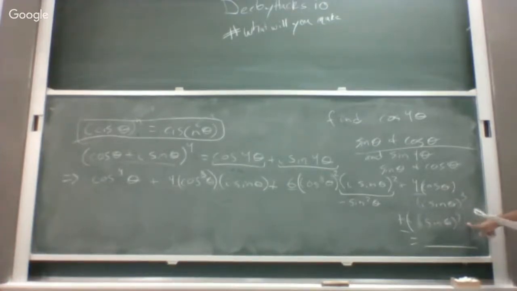And then this last part, what's i to the fourth? 1, so it's sine to the fourth power of theta. Okay. Hold on. They wrote it wrong? Yeah, sine to the fourth power.